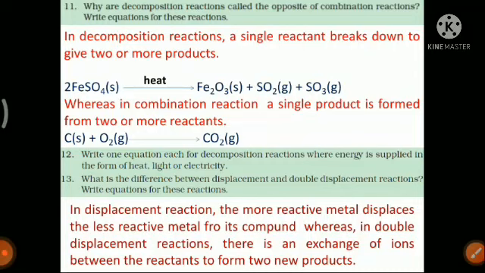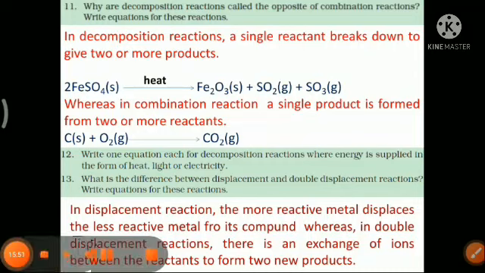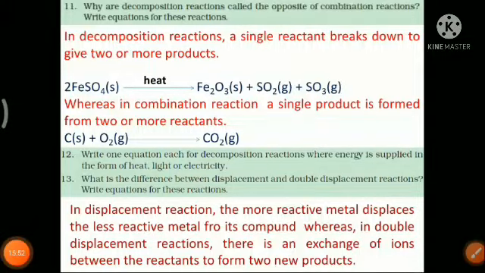Now question number 13. What is the difference between displacement and double displacement reaction? Write equations for these reactions. So simply you can write the definition that in displacement reaction, a more reactive metal displaces the less reactive metal from its compound, whereas in double displacement reaction there is an exchange of ions.